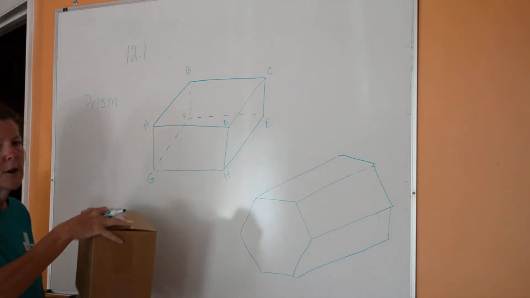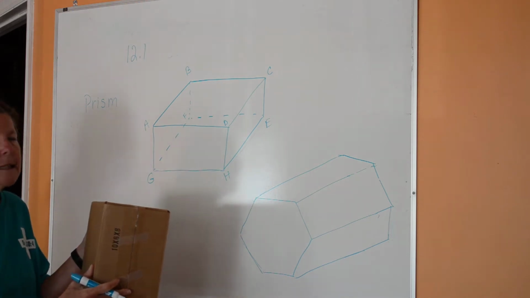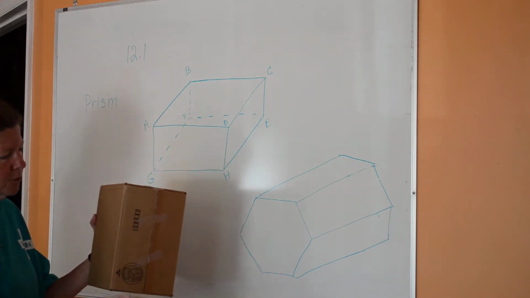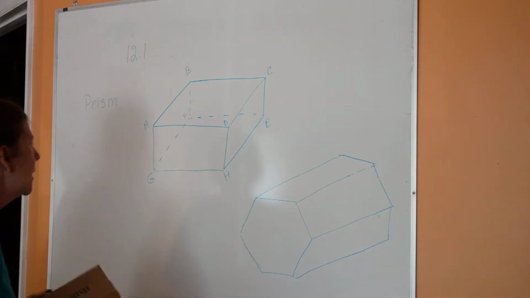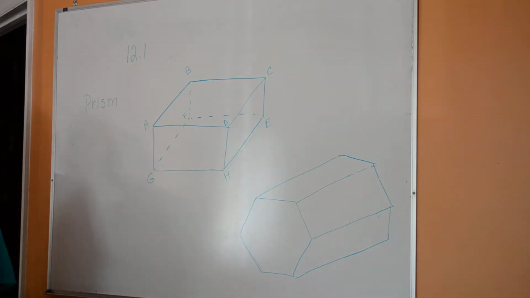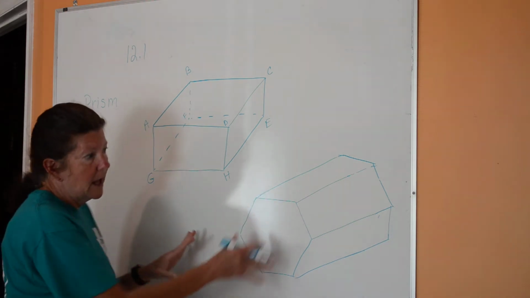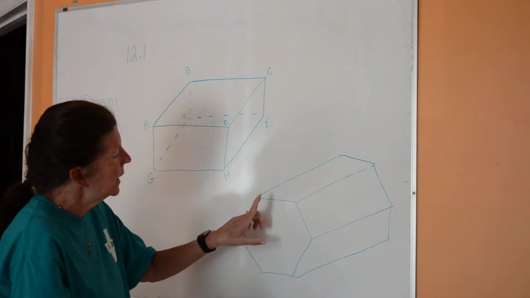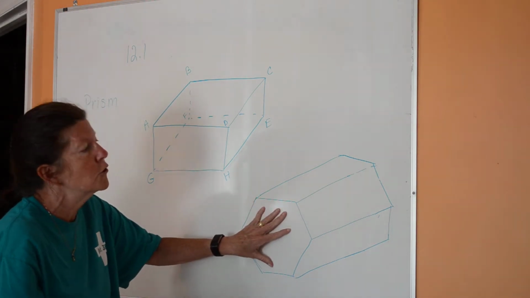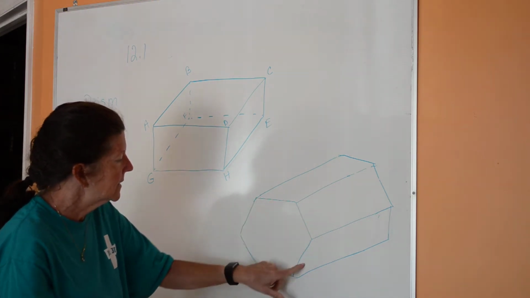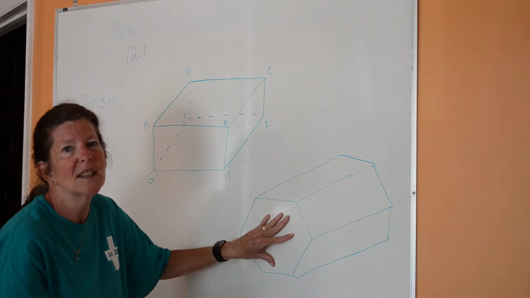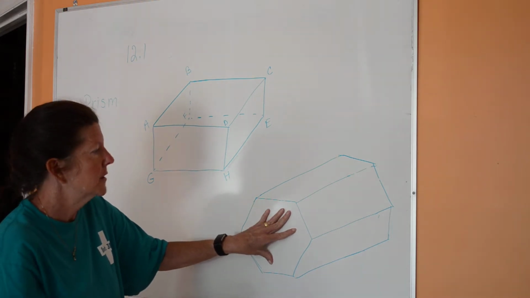Now I could turn this box like this and it would still be a rectangular prism, but this and this would be the bases of it. This, we still have a prism, but the base is going to be your non-rectangular sides. So this is a six-sided figure, so it's a hexagonal prism.